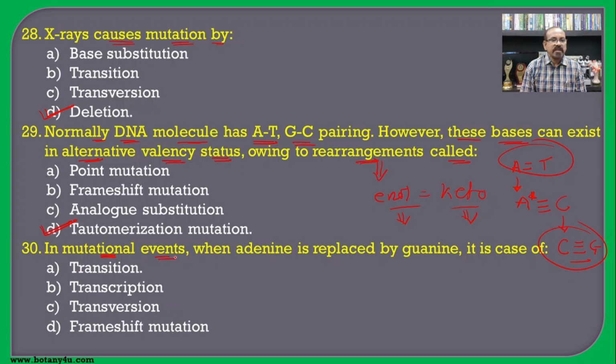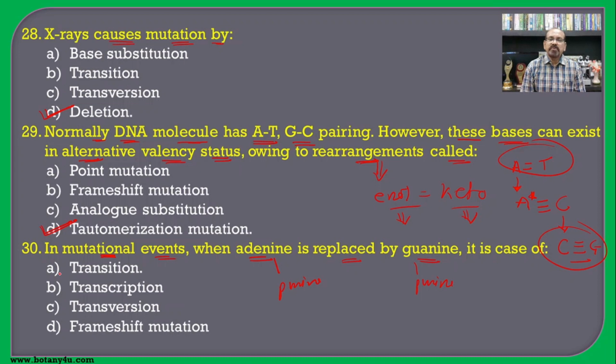In mutational events, when adenine is replaced by guanine, it is a case of. So adenine is a purine and guanine is also a purine.